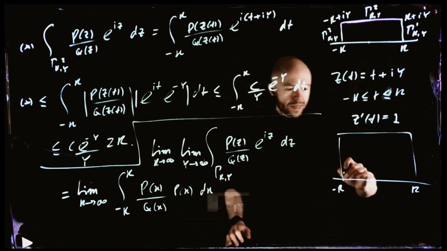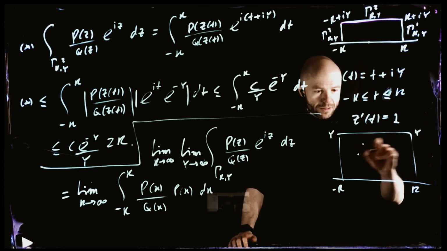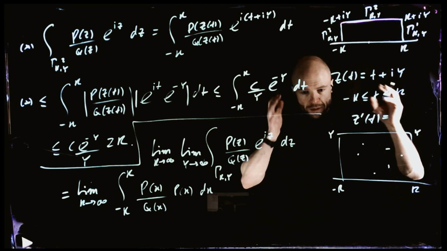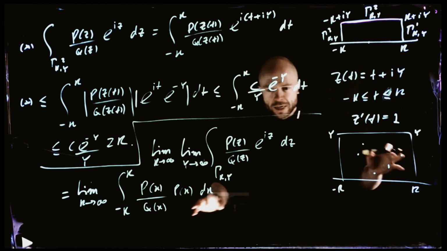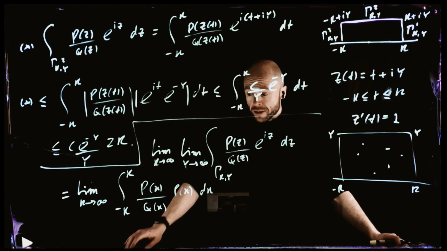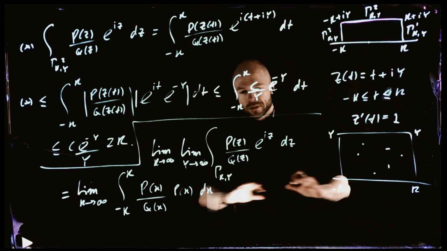You know, once we have a rectangle for some large y, if this contains all of our singularities, then as we let y go to infinity, that integral is not changing. And as we let r go to infinity, that integral is also not changing. Cool. So all we need to do is simply find the r and the y that contain all of these singularities.